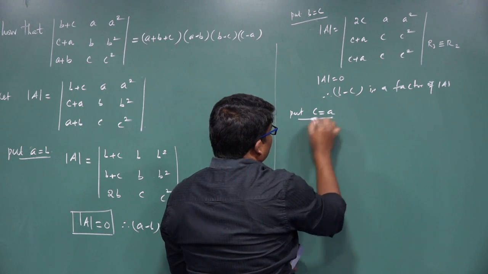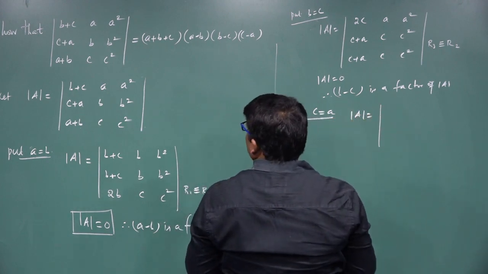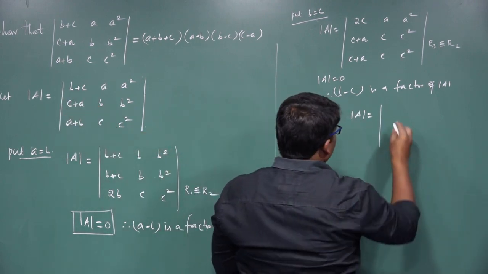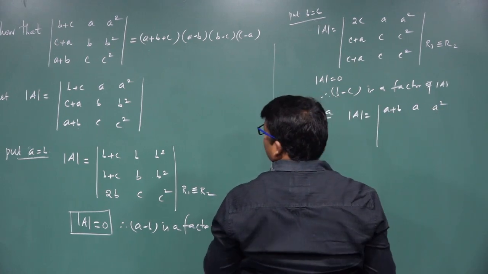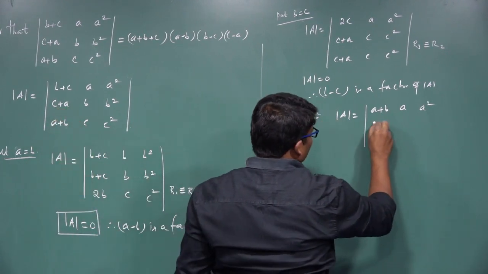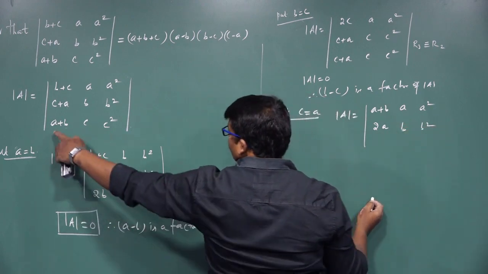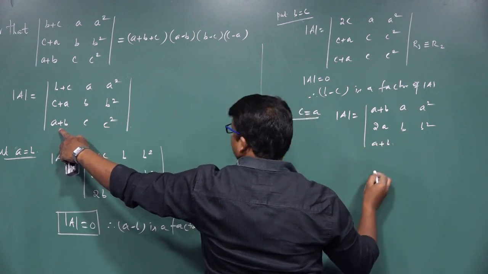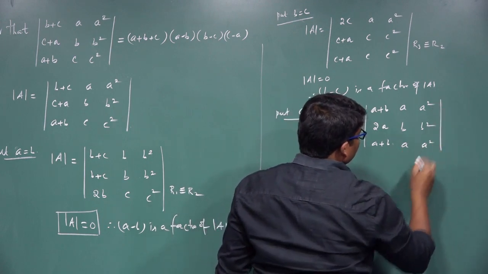Next one, c minus a is a factor. Put c equal to a, substitute in the determinant A. First row: c value is a, so a plus b, a square. Next, c plus a, c value is a, so 2a, b square. And third row, a plus b, c square, that is a square.